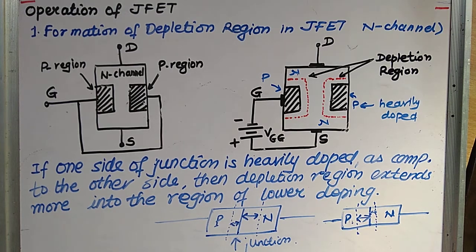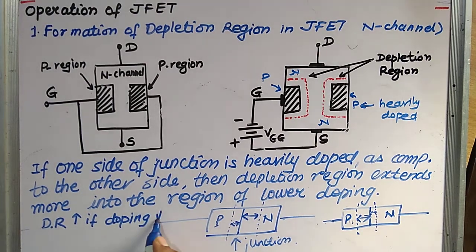So where the doping is less, the depletion region will be more. So we can write down: depletion region increases if doping decreases, and vice versa.